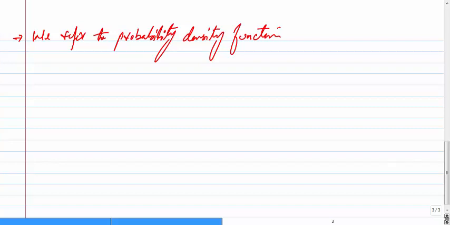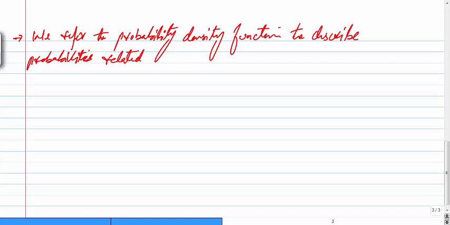Now here we look at the density, how dense it is, a function to describe probabilities related to continuous random variable.